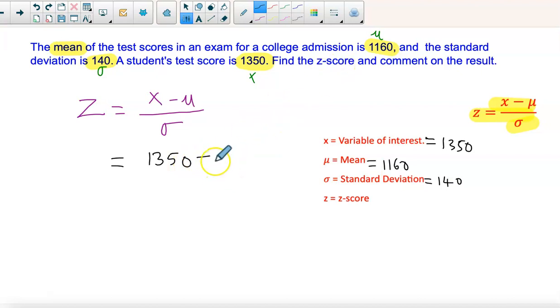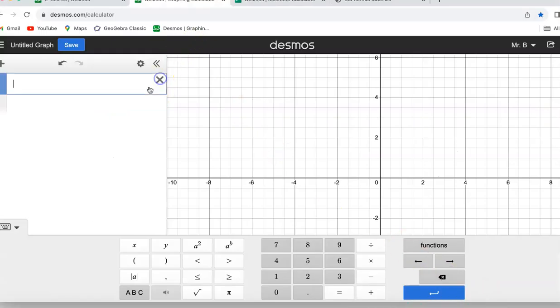Simple. Mean 1160 divided by sigma 140. So z is equal to, just put it in the calculator, it's a division, 1350 minus 1160, standard deviation of 140.